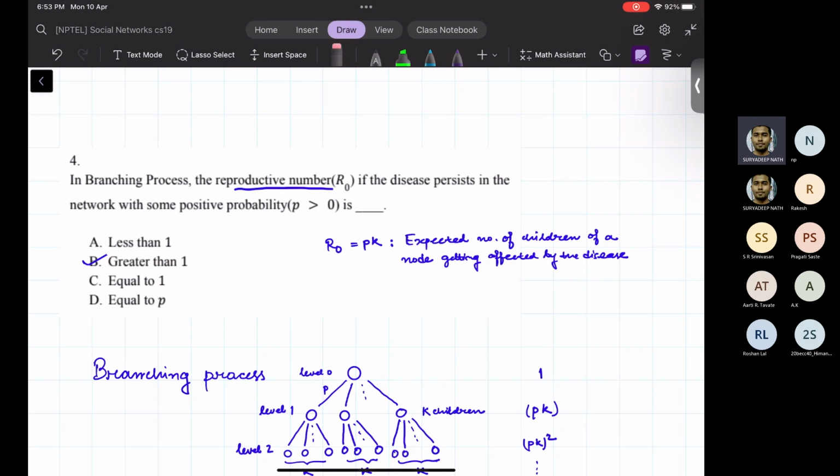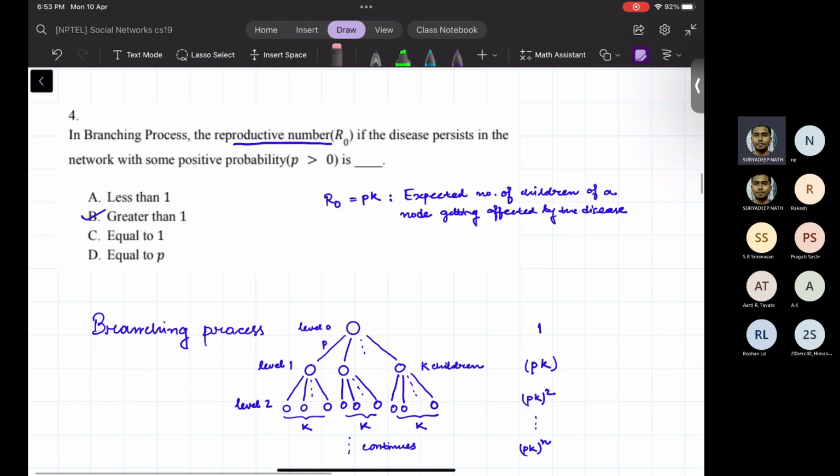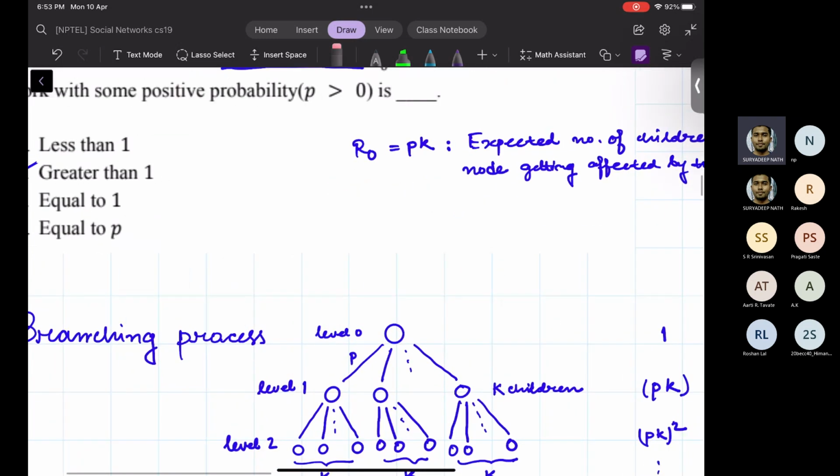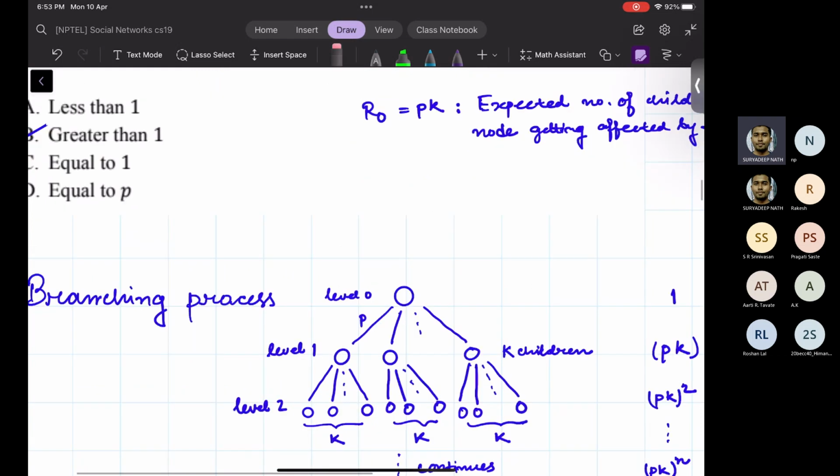Probability p is the probability with which the disease transmits from a parent to a child, and k is the number of children of each node. In a branching process, you have the level 0 node, you have one node, and in the next level, that node has k children. And in level 2, each node of level 1 has k children each.